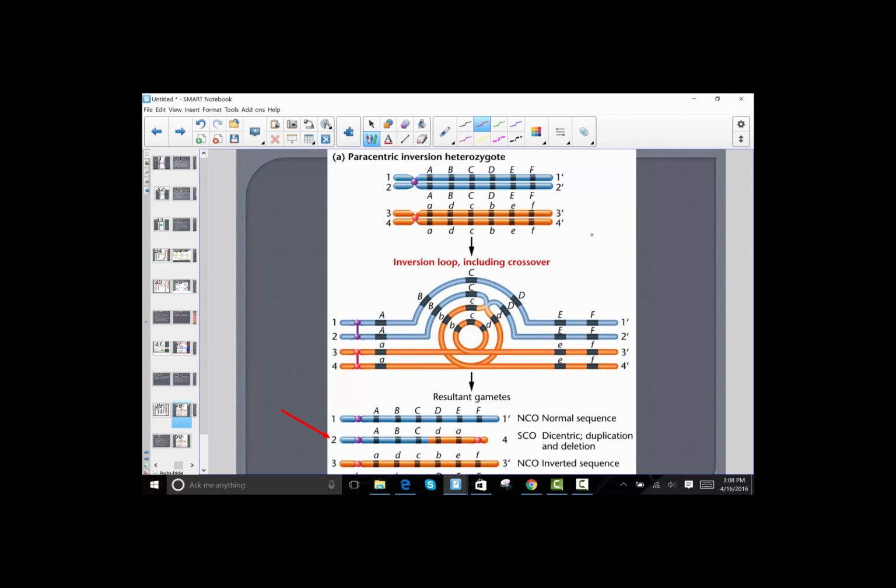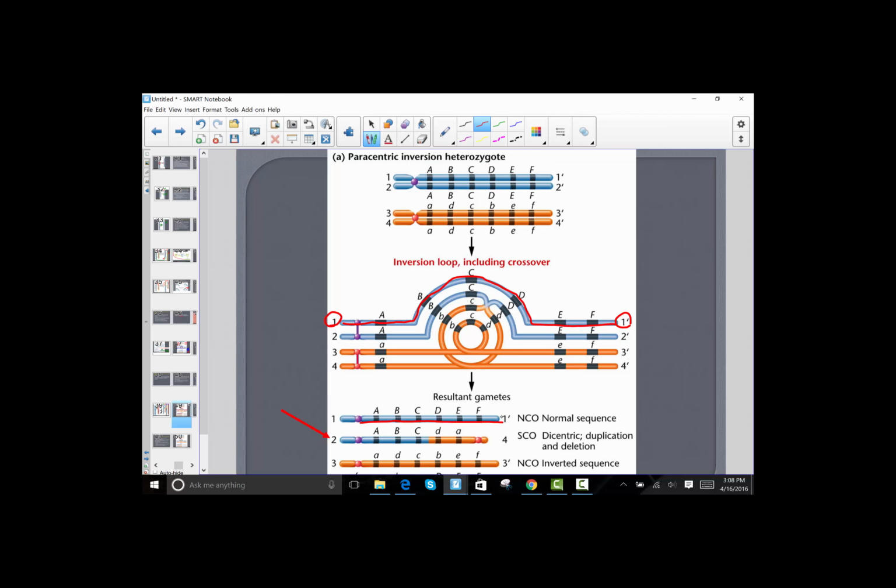Okay, now what happens here is if we start with 1 and we move to 1 prime, just as we did in the previous diagram, we're going to go A, B, C, D, E, and F all the way to 1 prime. So we're going to have a normal sequence produced for this particular chromosome.